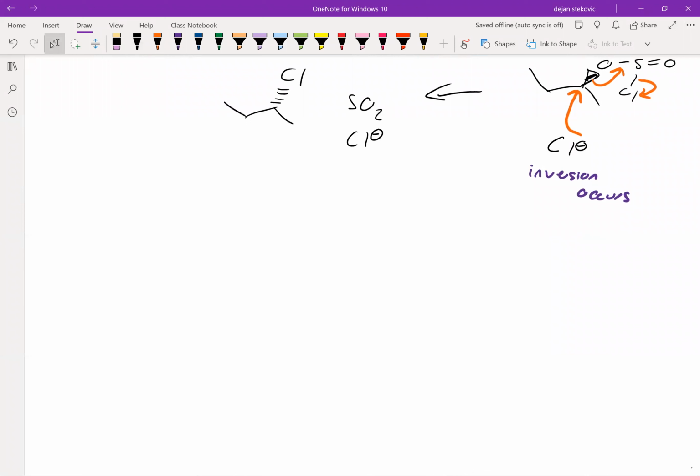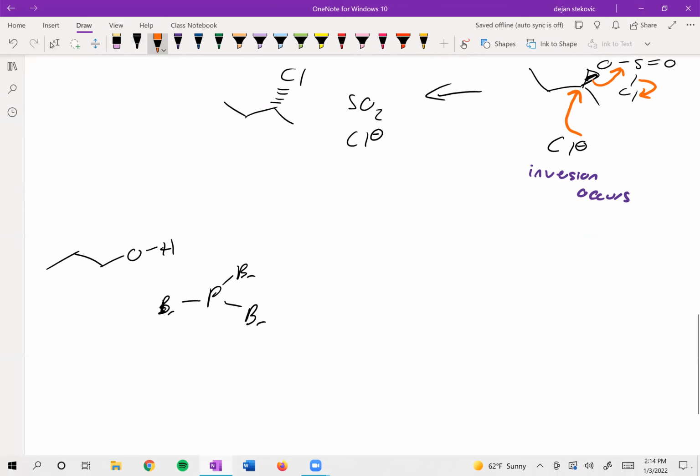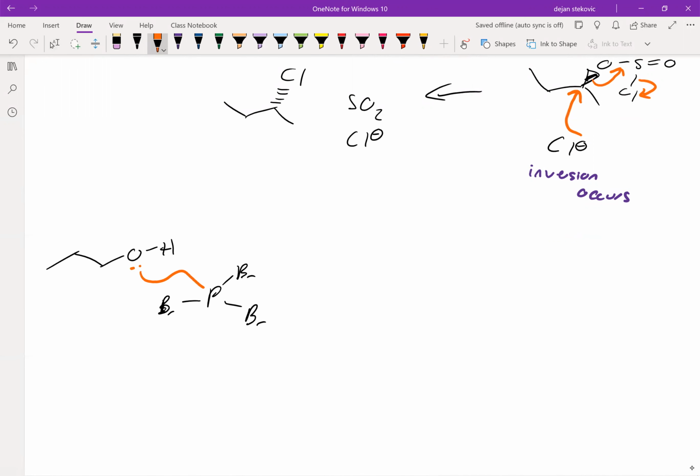The mechanism with PBr3 is approximately the same thing. Our alcohol acts as the nucleophile, attacks the phosphorus, and kicks out a bromine.